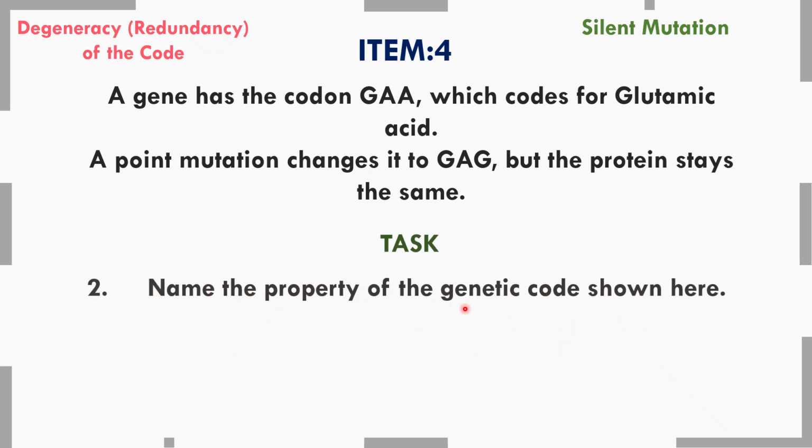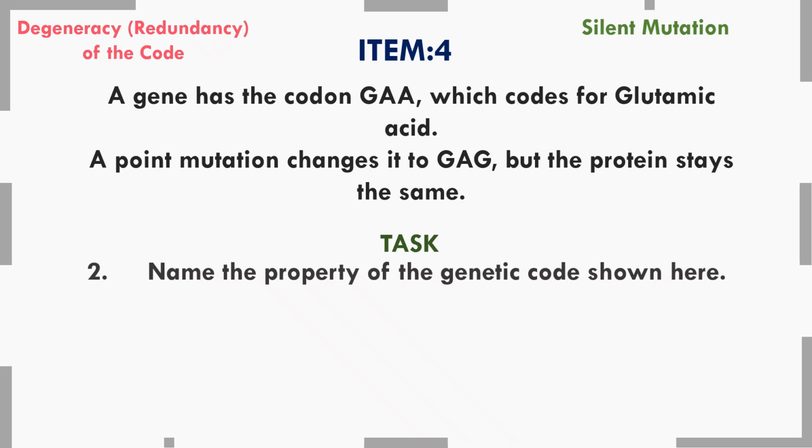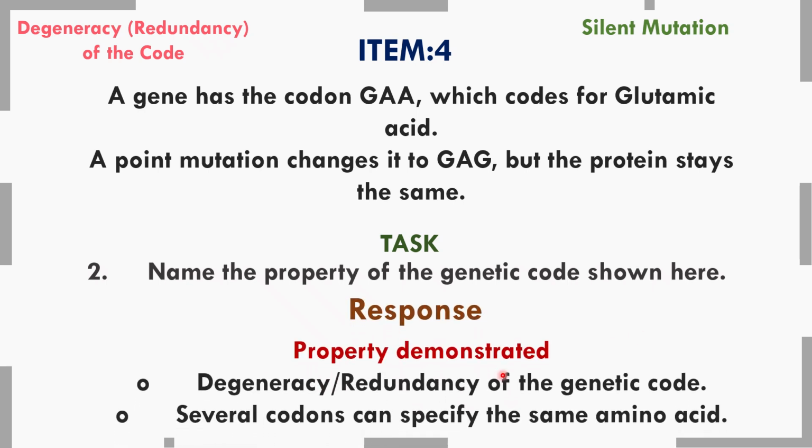Name the property of the genetic code shown here. Property demonstrated is degeneracy or redundancy of the genetic code. Several codons can specify the same amino acid.